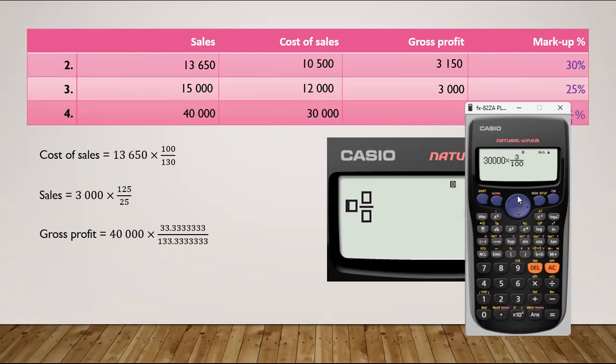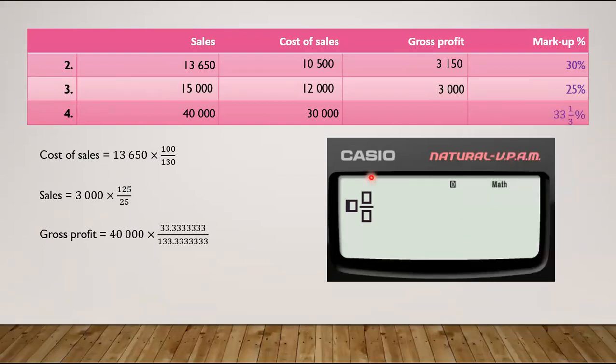The percentage is 33.3333333333333. When you press the equal sign, it'll give you 10,000 Rand as your gross profit. Otherwise, you can just take your sales value minus your cost of sales value.